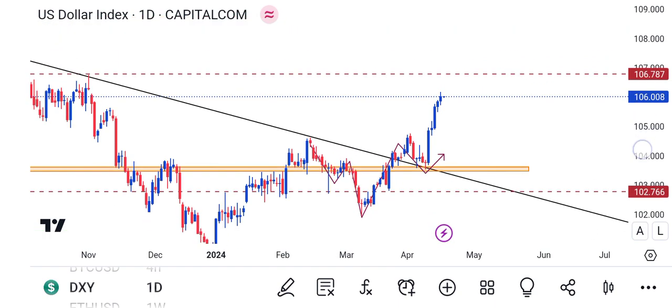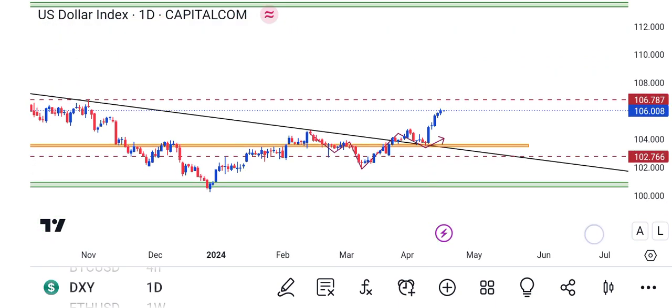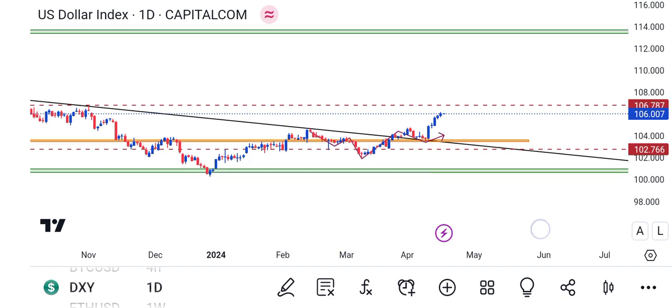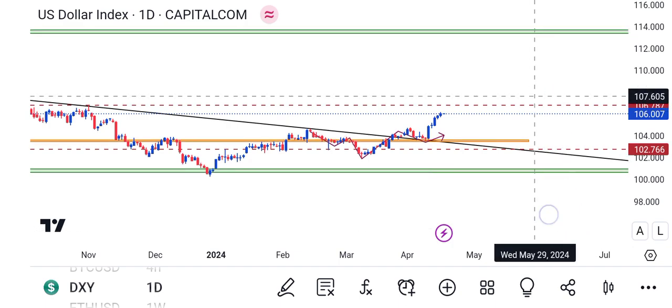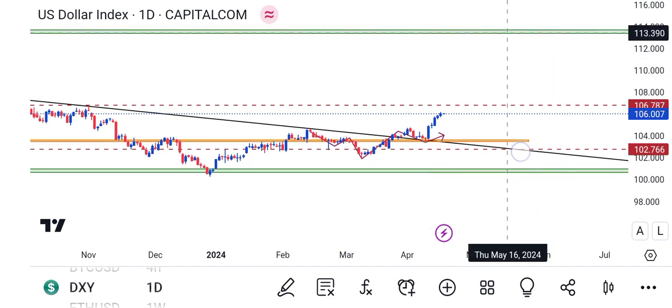Now I'm expecting the dollar index to get to the green zone, which is 113.390.